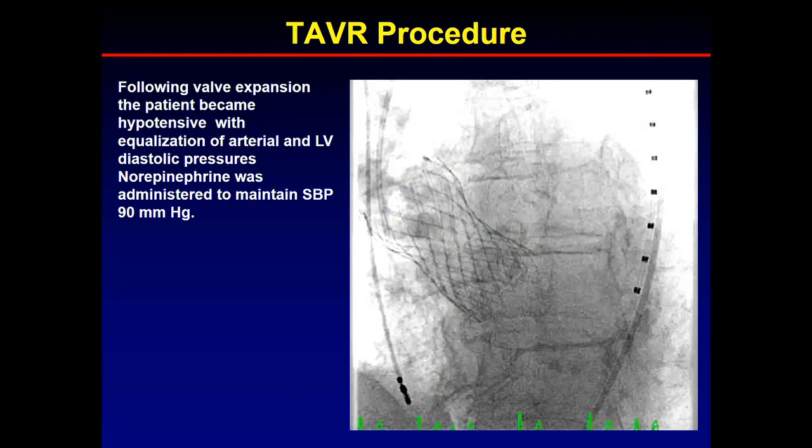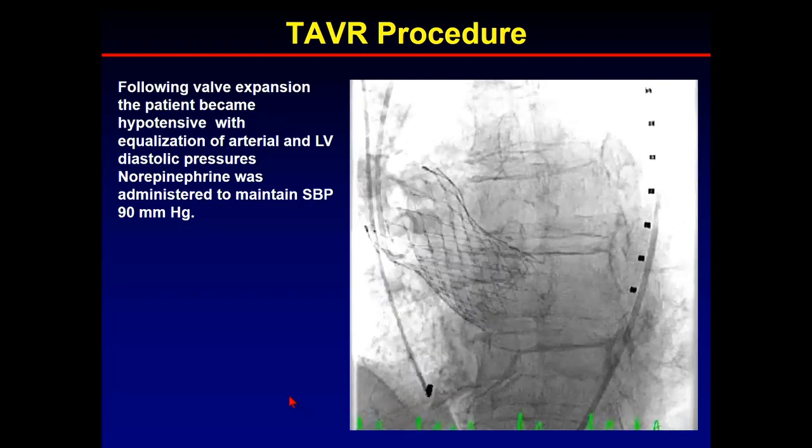So this patient then went to the cath lab to have the valve implanted. And I think you can see the valve there. Following valve expansion, the patient became extremely hypotensive, had equalization of arterial and LV diastolic pressures. He had to receive norepinephrine to maintain his blood pressure above 90 millimeters of mercury. I think you can appreciate where the valve is. The valve is actually sitting rather high up compared to where it would normally be.